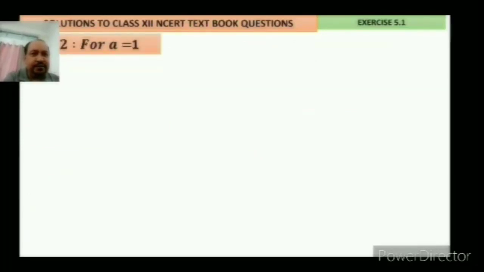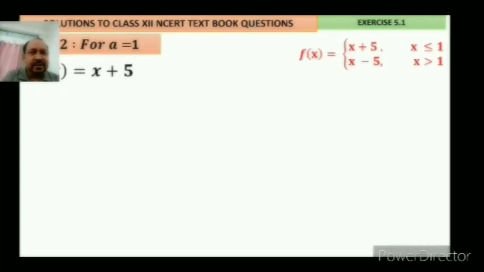Now for case 2, when a equals 1, in this condition you have to check the functional value and also the left hand limit and right hand limit of the function. If both limits and the functional value are equal to each other, then the function will be continuous at x equals 1. So f of x equals x plus 5 and f of 1 gives the value 6.